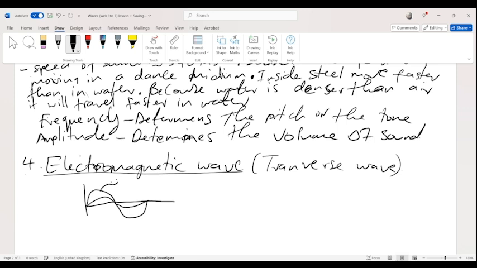So we have the magnetic field and the electric field. Electromagnetic waves.